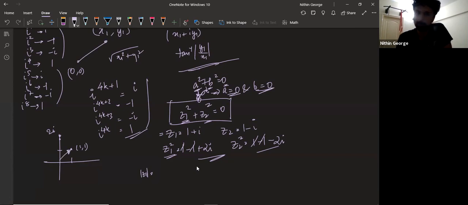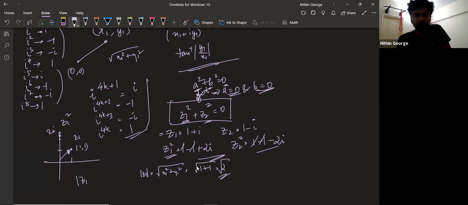The magnitude of Z1, mod Z1, is given by the root of x1 square plus y1 square, which is the distance, the length of the vector, or the distance of the point from the origin, same thing. So this becomes 1 plus 1, which is 2, root 2. And this is Z1 square, which is 2i.